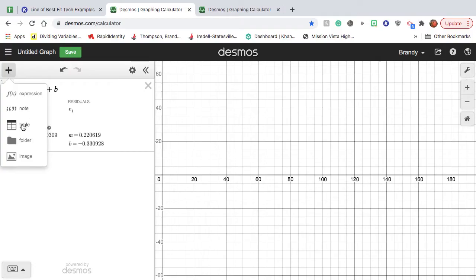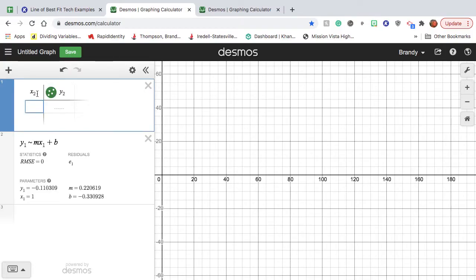So we're doing add, table, and now notice it says x2. Well, we're going to change it back to 1 because we're still working with the first one. And it'll make this go away, but we're going to put in our data.